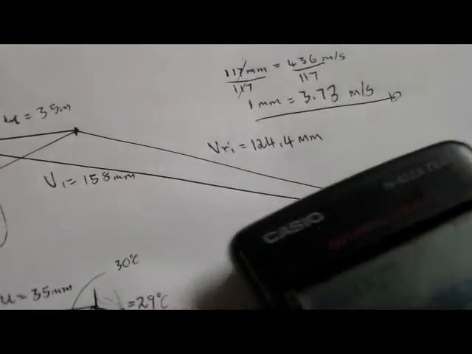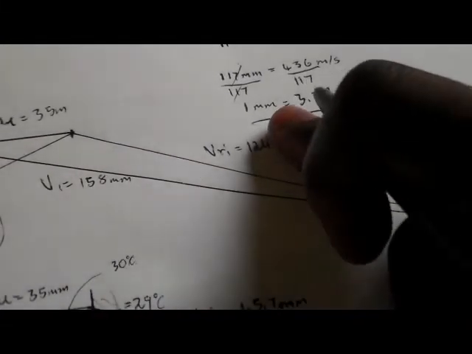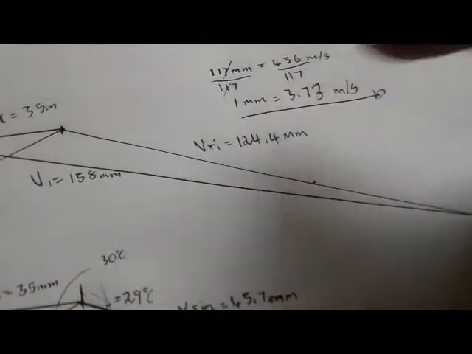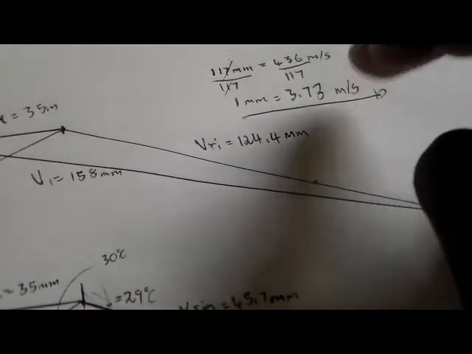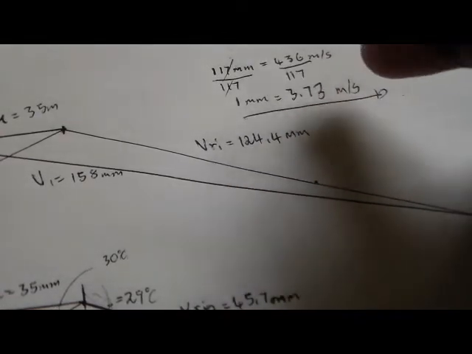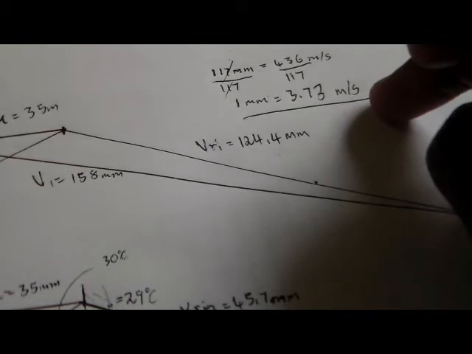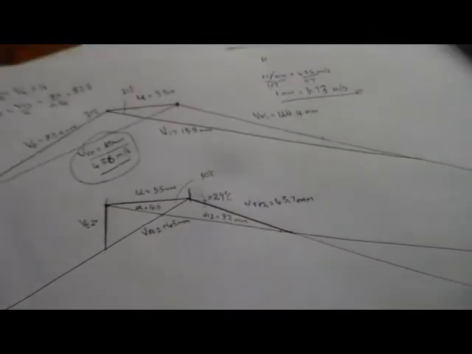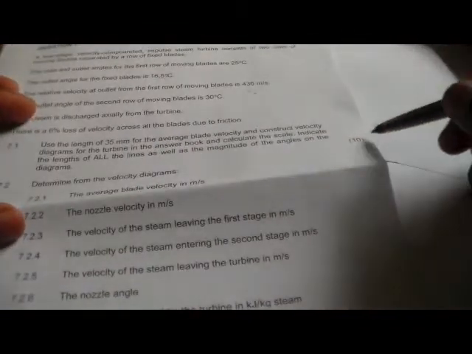So 1 millimeter is our scale: 1 millimeter is equal to 3.73 meters per second. Then you are now able to answer the follow-up questions.